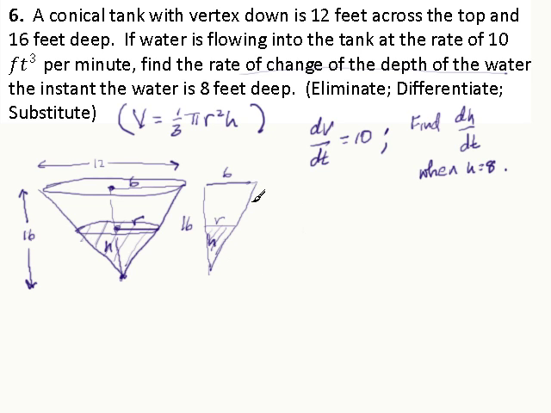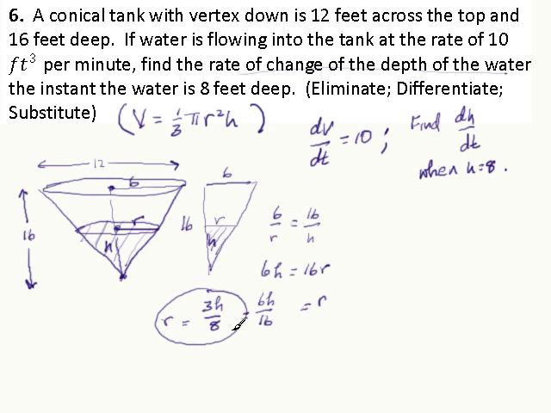So we have 6 is to r as 16 is to h. Now we can cross multiply, and we have 6h equals 16r. We want to eliminate r, so we solve for r. So r is equal to 6h over 16, which is 3h over 8.